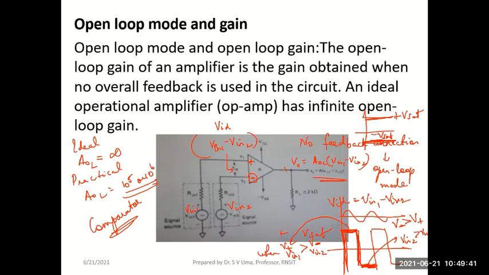The open loop mode of an op-amp ideally has infinite gain, but practically its gain is in the range of 10 power 5 or 10 power 6. And whenever an op-amp is working in the open loop gain, please remember its basic application is as a comparator. So in open loop gain, the application of op-amp is as a comparator.